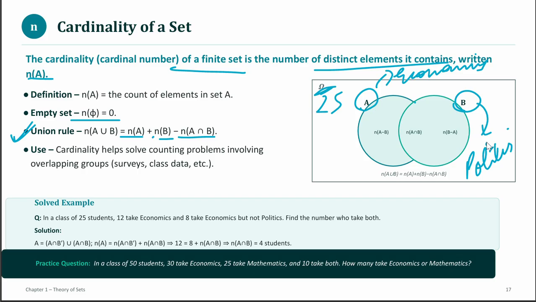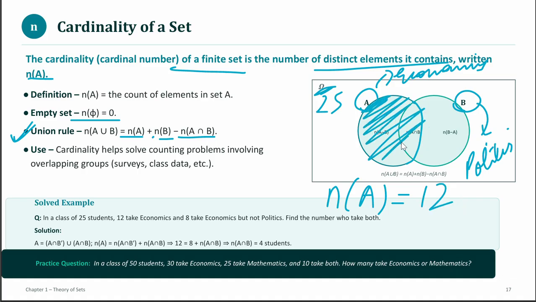In a class of 25 students, 12 take economics and 8 take economics but not politics. That means n of A is 12, this entire region is 12. And they say that 8 take economics but not politics. That means this area is 8.